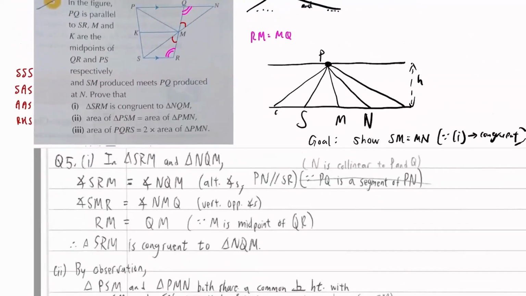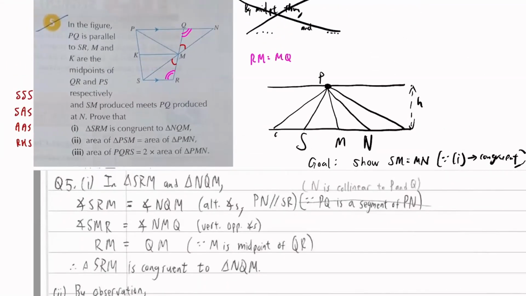Now, the area of quadrilateral PQRS equals 2 times the area of triangle PMN. How do you show that?